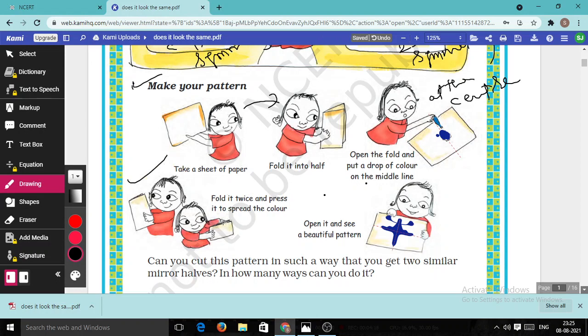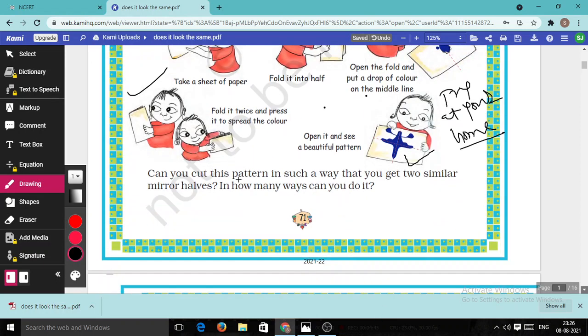Fold it twice and press it to spread the color, and the color will spread in this way. So you will find a beautiful pattern when you open the sheet of paper. Try it at your home. You must try. And you will get a very interesting and easy pattern.